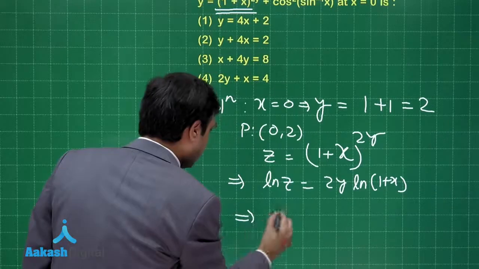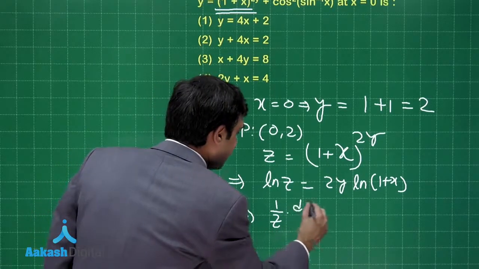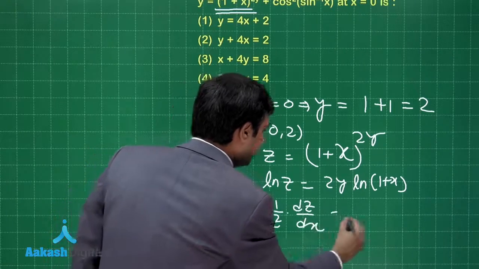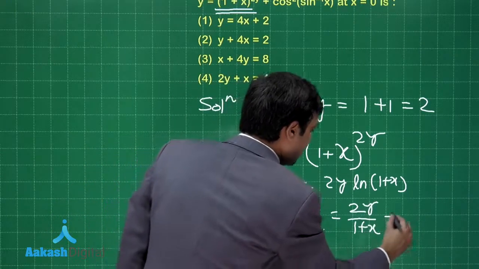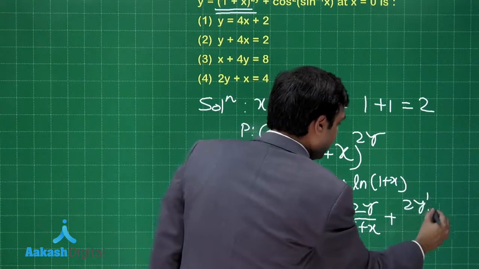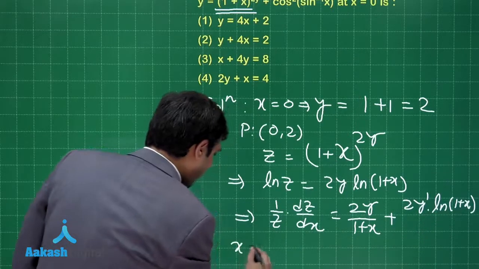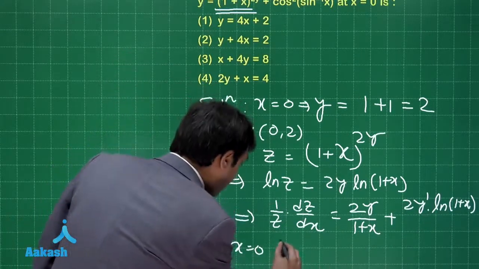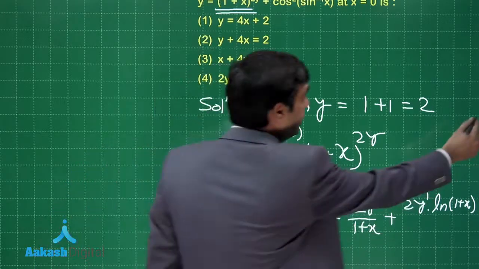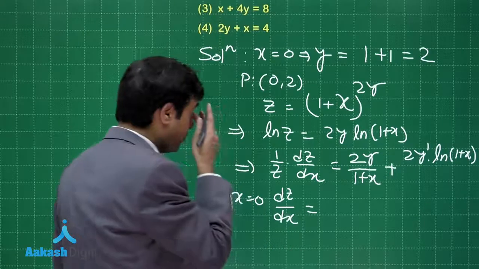Differentiating, you get 1 by z dz by dx equal to 2y upon (1 plus x) plus 2y dash into log(1 plus x). Now when you put x equal to 0, what will you get? You are getting dz by dx equal to z.